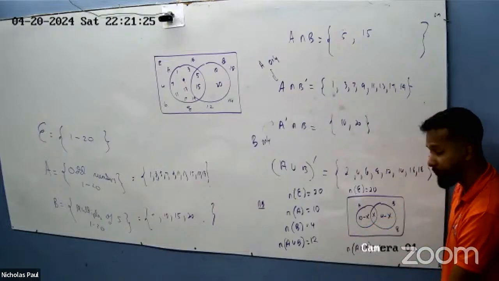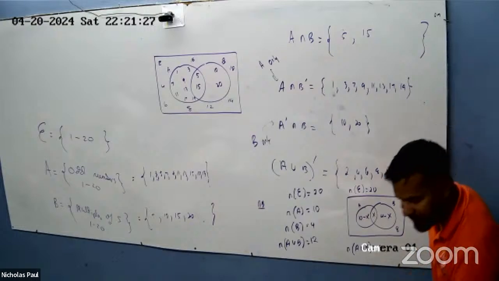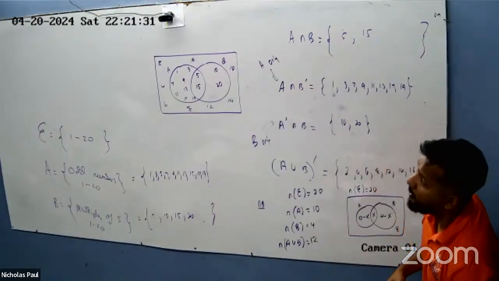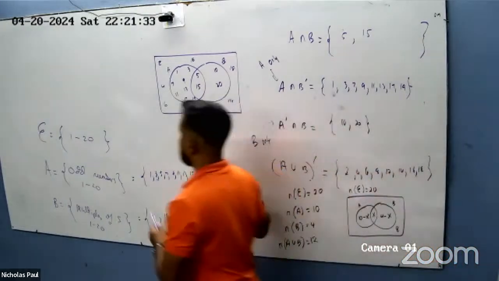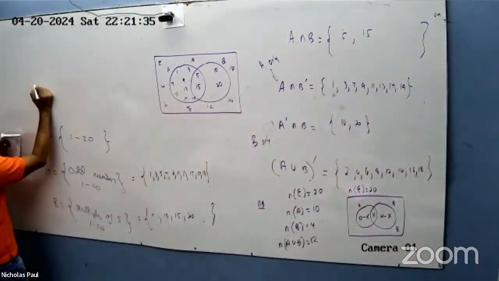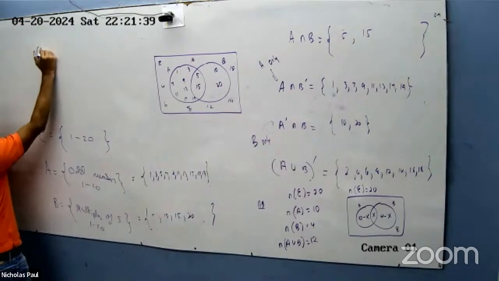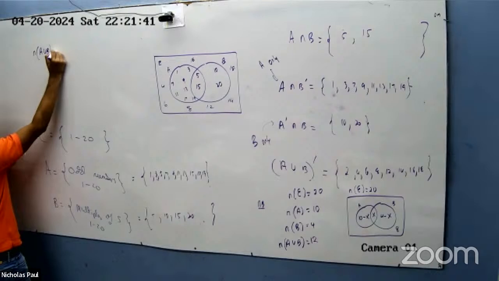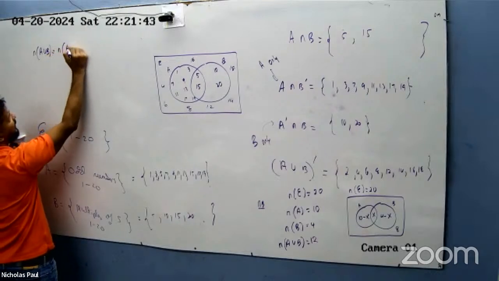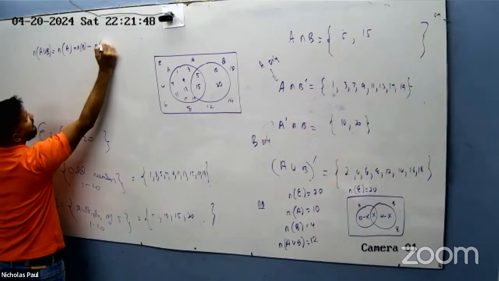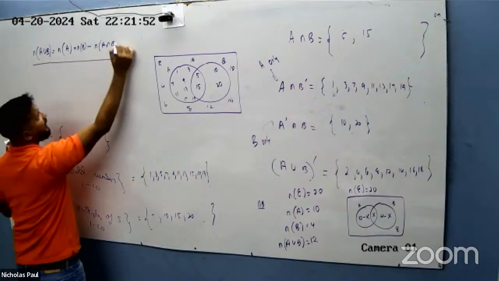All okay with that? So how do I find the intersect? Well, I am going to say that the number in A union B is equal to the number in A plus the number in B minus the number in A intersect B. That's a general formula you can learn.